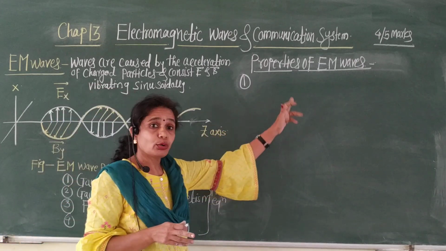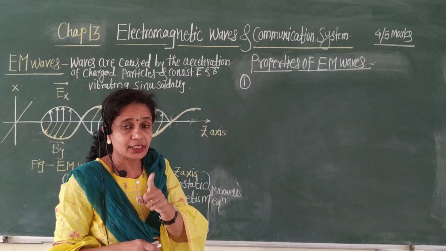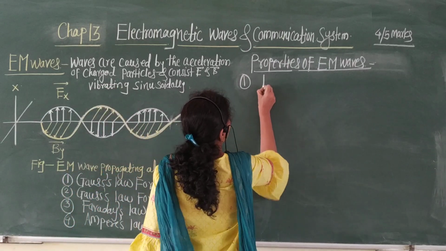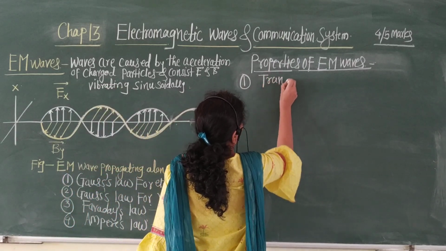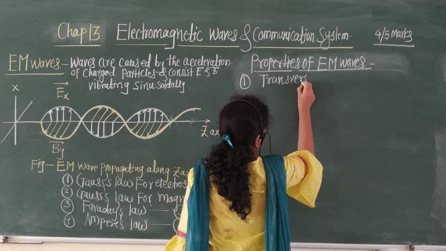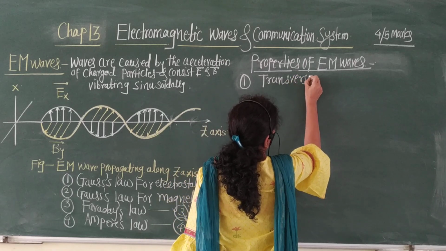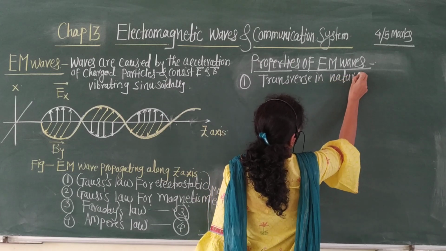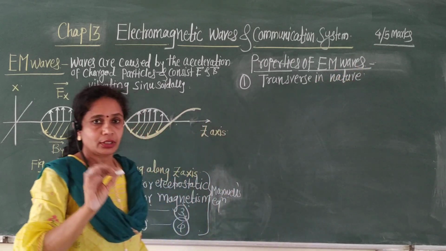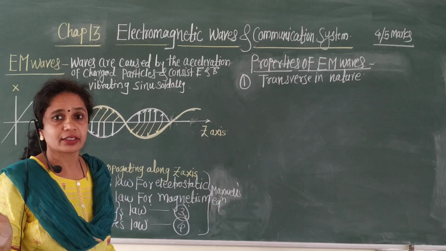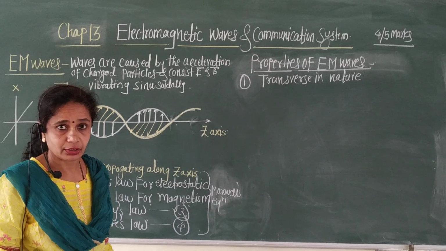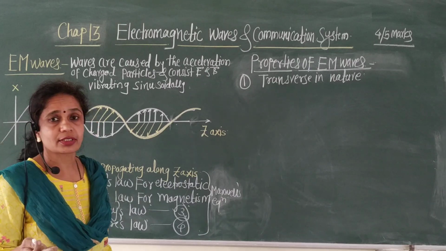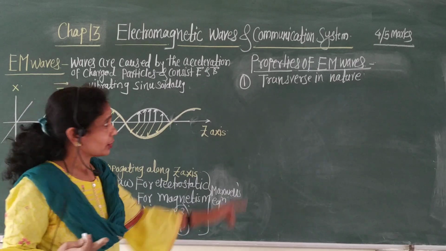Therefore, electromagnetic waves are transverse in nature. This is the first characteristic. Electromagnetic waves are transverse in nature, because you know that waves are of two types, transverse waves and longitudinal waves.